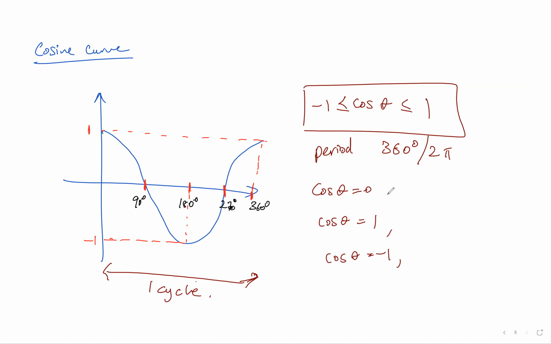All these are the important points. So theta here will be 90 and 270 over here and over here. So when is it equal to 0? When is it equal to 1? It's equal to 1 at 2 points. Theta equal to 0 or 360. And when is it equal to -1? At 180 degrees.